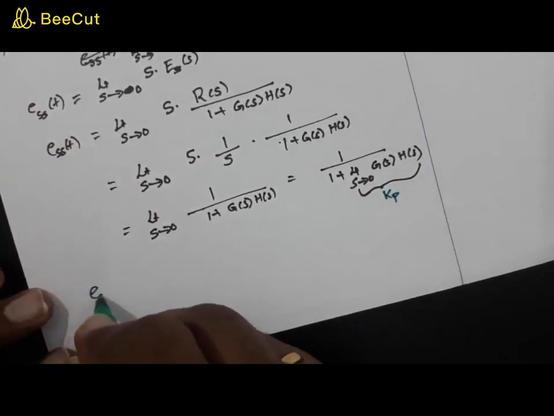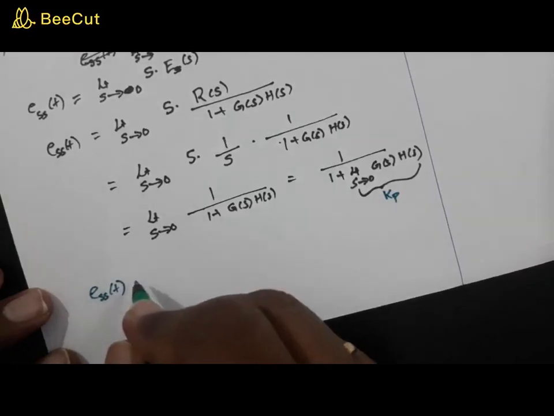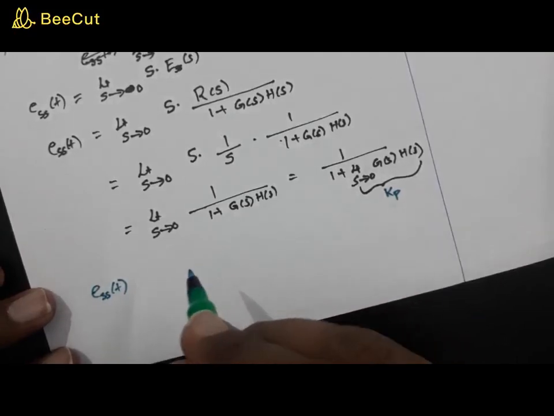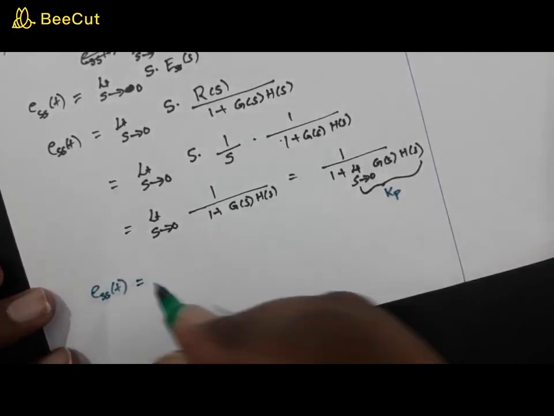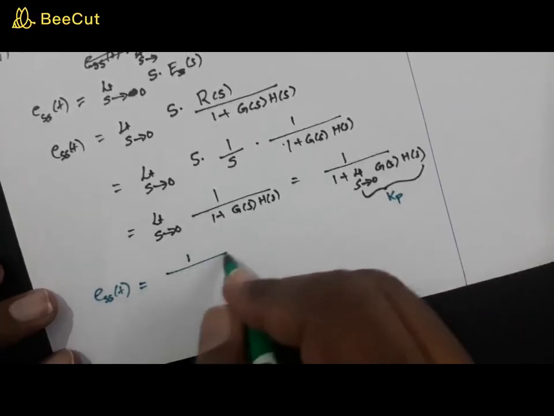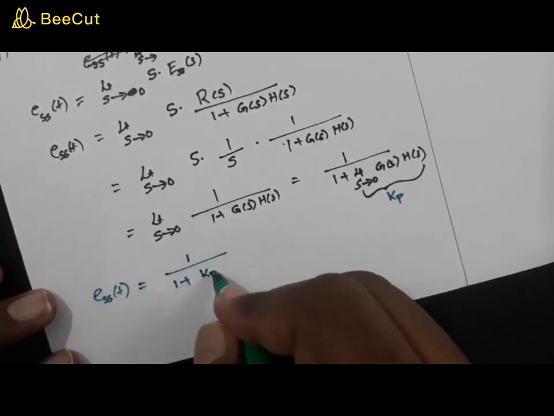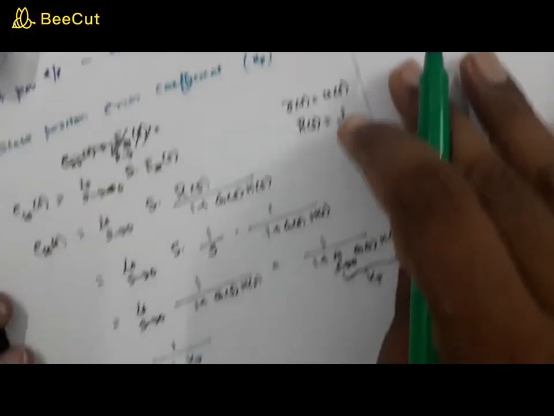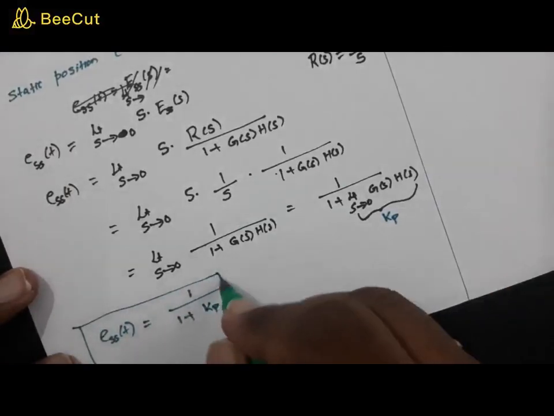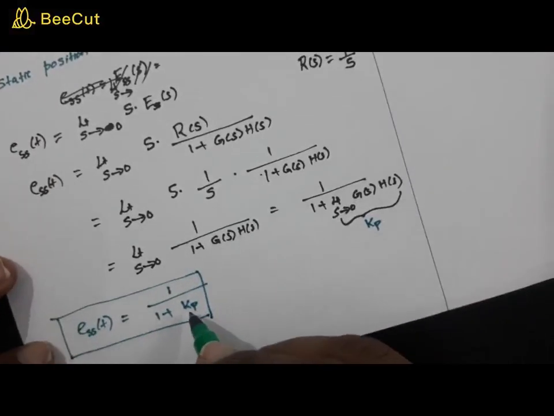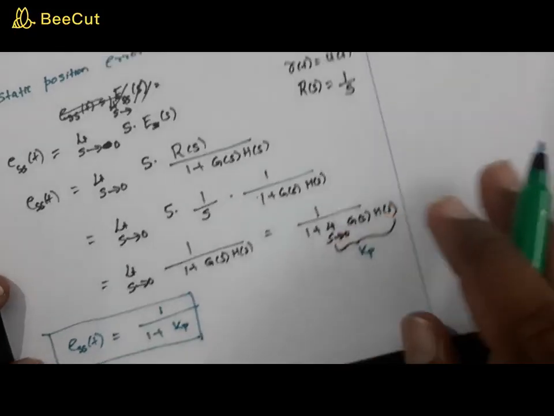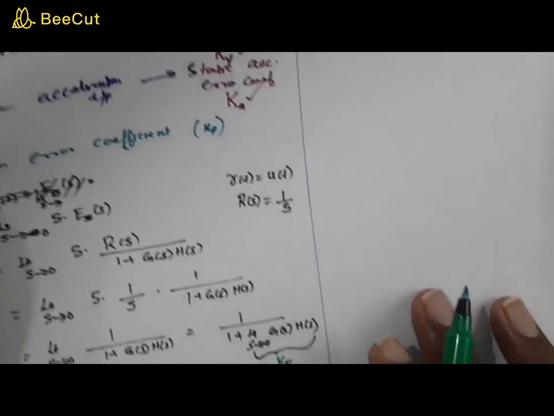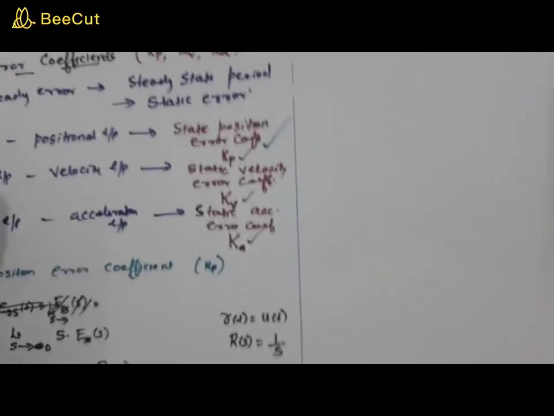So the steady state error due to the positional input, or associated with the step input, is 1 by 1 plus Kp, where Kp is called the static positional error coefficient. This is your steady state error in terms of the positional error coefficient. Therefore the steady state error is 1 by 1 plus Kp.